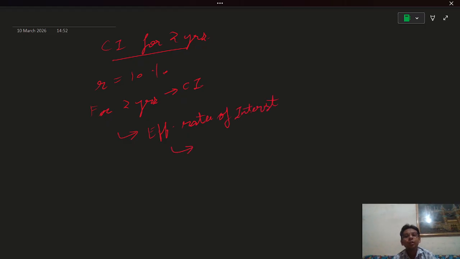What is the effective rate of interest? It will be the rate of interest for the first year plus the rate of interest for the second year plus the rate of interest multiplication. So this will become 10% plus 10% plus 10 into 10 upon 100. So the effective rate of interest is 21%.